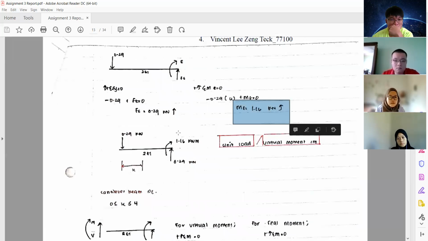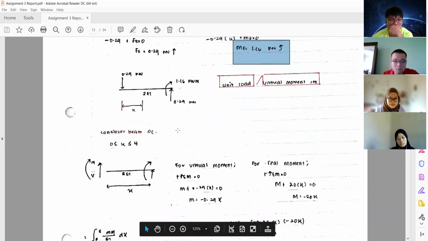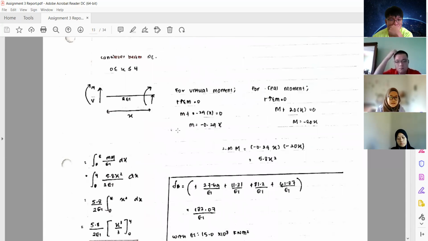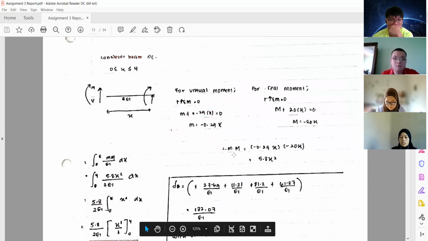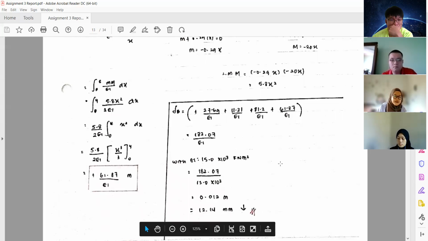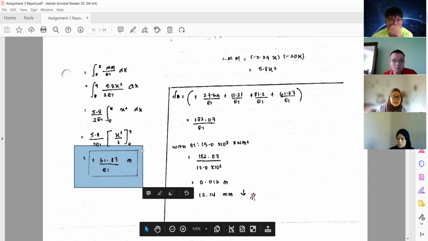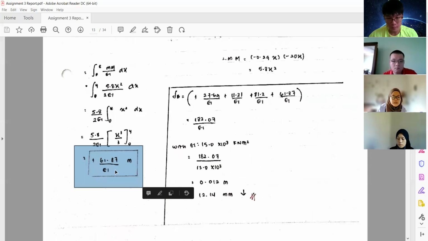Both of them are positive upwards. So we find the virtual moment and also the real moment, and I get them as 5.8x squared. Then we can use the equation, and I get 61.87 over EI.